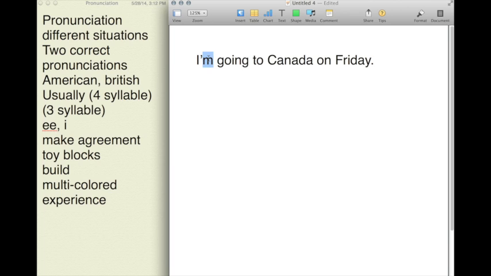We are using this verb now, to be. I am, right? I am going to Canada. I means I am. So we can say, so am I. Okay, that means I am doing the same thing as you.